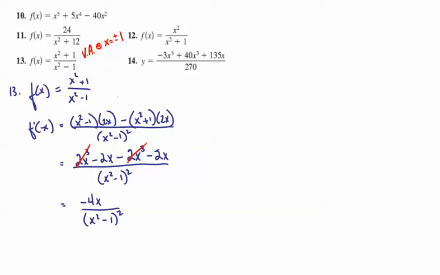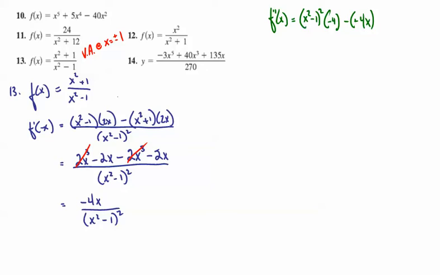For the second derivative, we'll also use the quotient rule. We'll have low, x squared minus 1 squared, d high, negative 4, minus high, negative 4x, d low. Now the derivative of the denominator is a function composition.